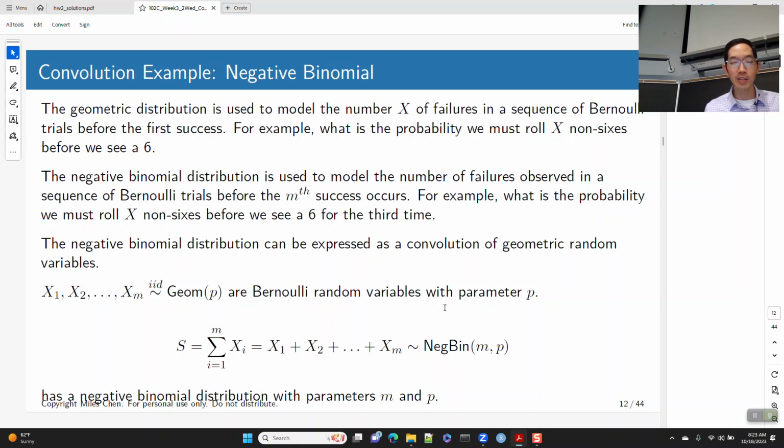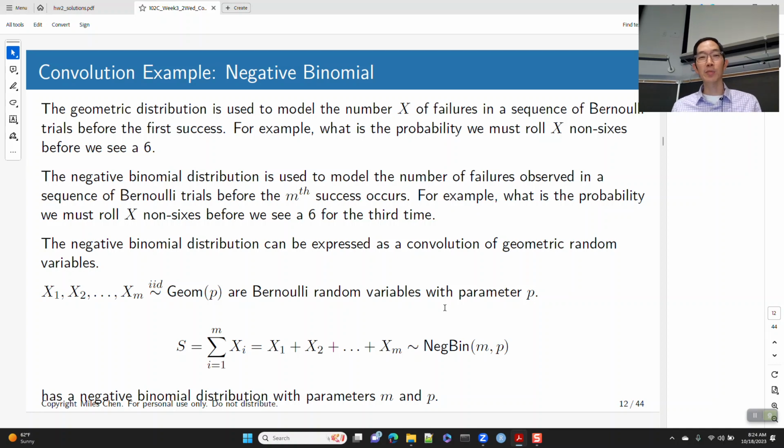So that's exactly what I wrote for this example: what is the probability that we roll 3 non-6s before we get a 6 on the 4th one? And then the negative binomial distribution is used to model the number of failures observed in a sequence of Bernoulli trials before the mth success occurs.